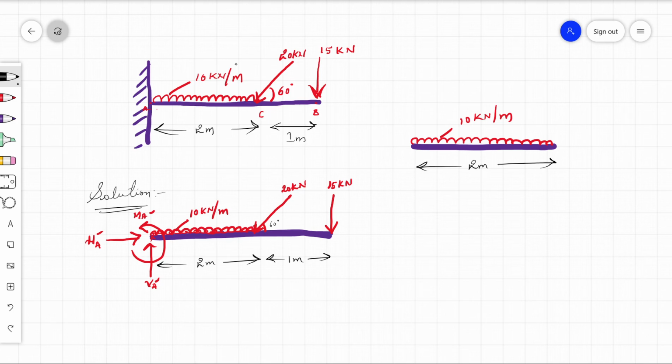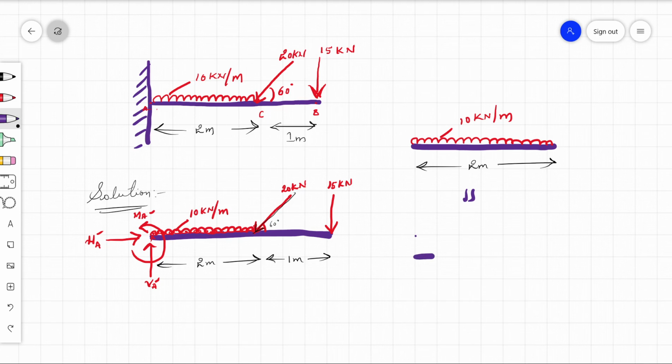We are not worried about the point load at the end of that 2 meter. Right now we are only worried about the UDL. We need to convert this UDL into a point load. This is what is required.